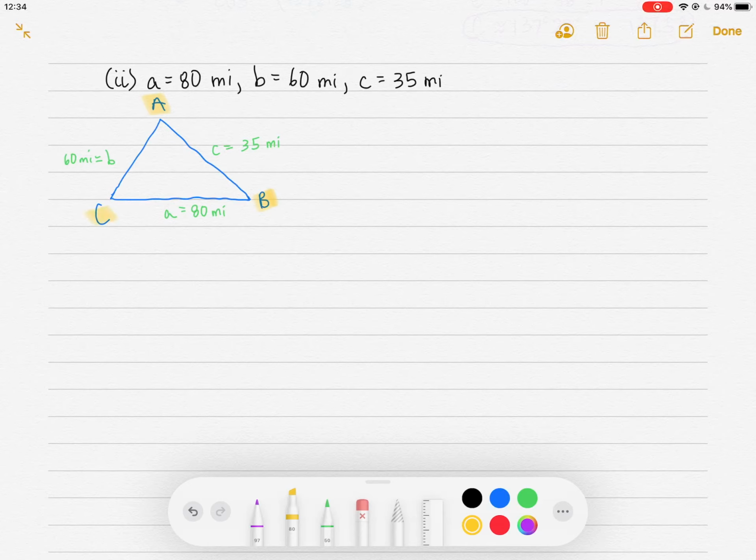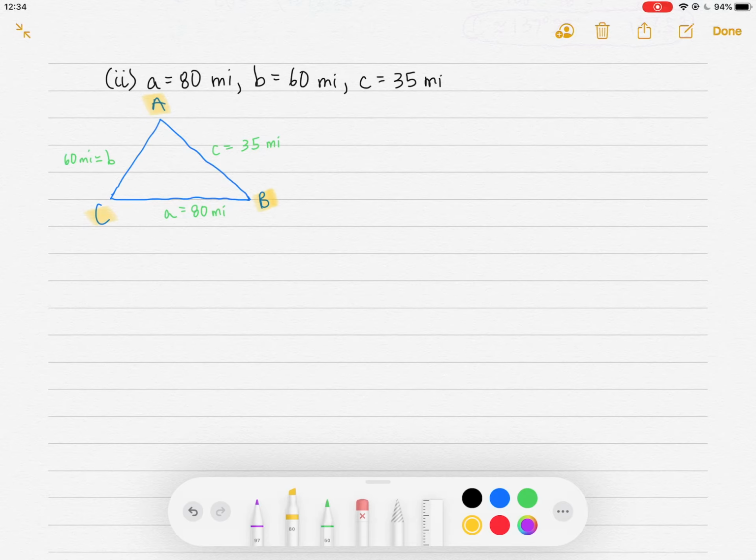If I find angle A first and then angle B second, I will get a slightly different answer than somebody that finds angle B first, angle C second, or angle C and then angle A first.